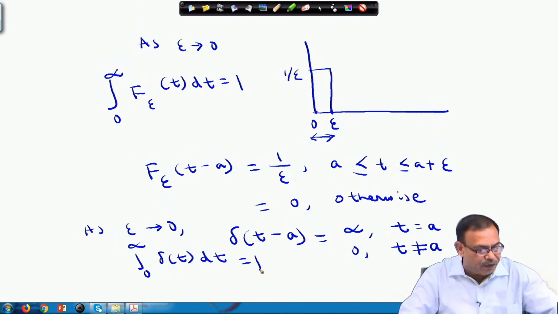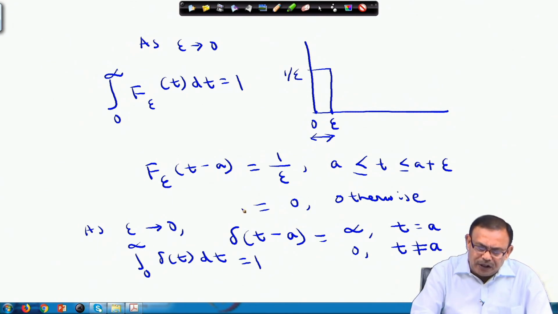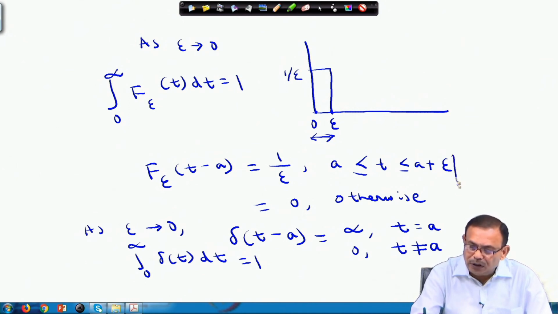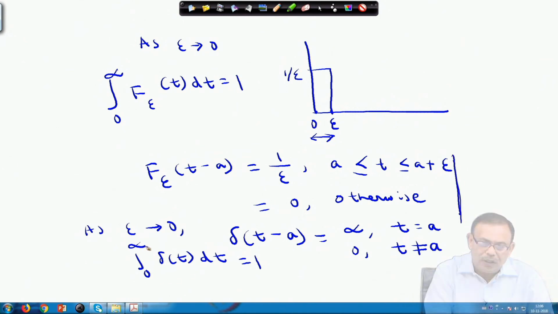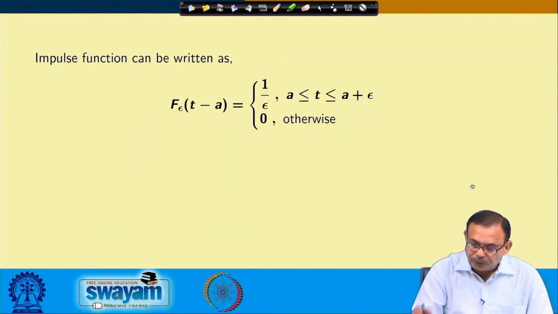As I told you at the very beginning, a very large force acting for a very small period is defined as a Dirac delta function. So, two definitions are there. One we have told from a to a plus epsilon, and the other one is this: the integral from 0 to infinity of delta t dt is 1, or sometimes we define it as the integral of f epsilon t dt also equals 1.